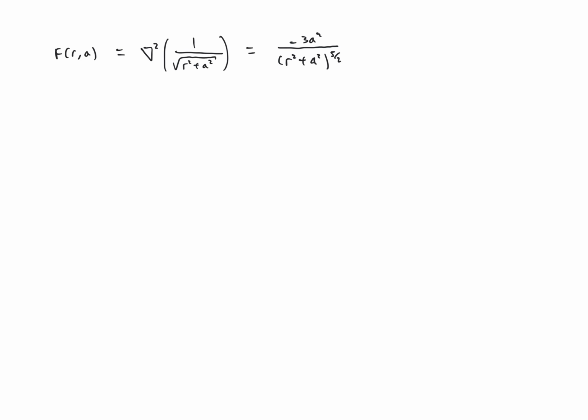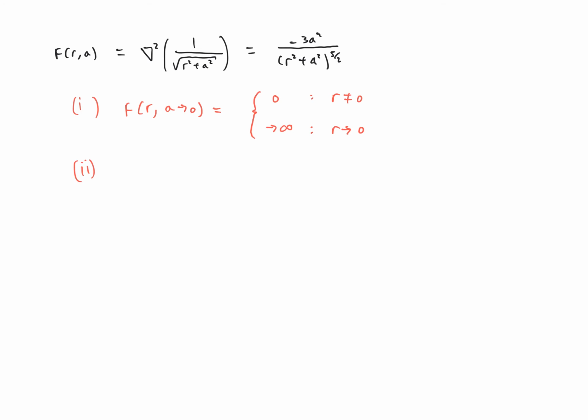It has some interesting properties, as we've just deduced, that f as a function of r, as a goes to 0, is equal to 0 when r is not equal to 0, and it tends to infinity as r approaches 0. So that means that it's picking out the value of the function as r goes to 0.